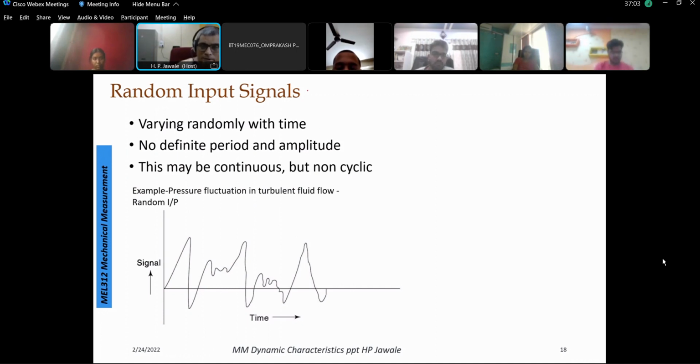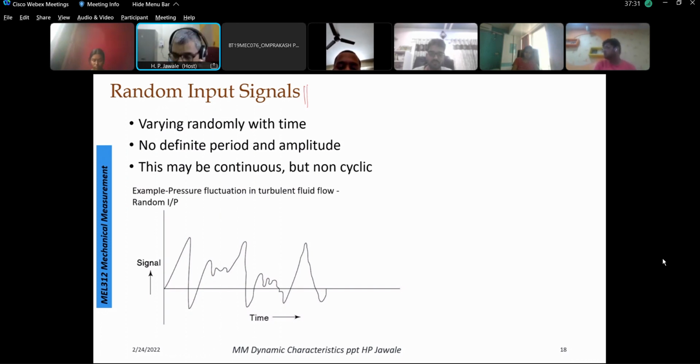Now, I think I have made it very clear that we do not apply the random signal because it is impossible to replicate. You have to understand that the process of calibration for static characteristics and dynamic characteristics is more or less the same method. We have to apply the standard input a number of times and then take the readings. That is what we did for the static characteristics.